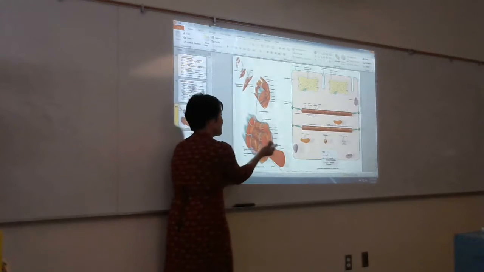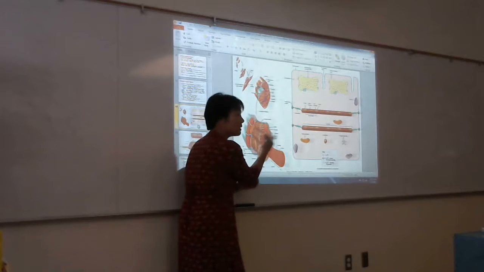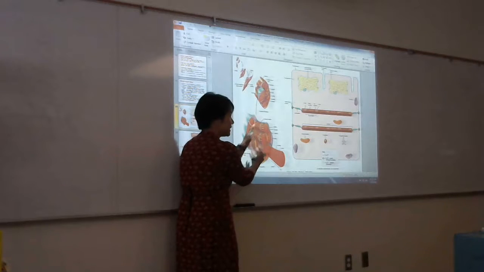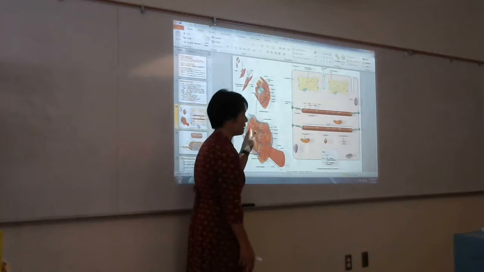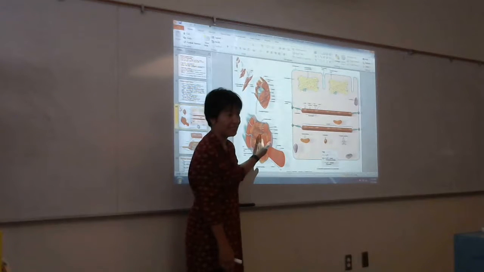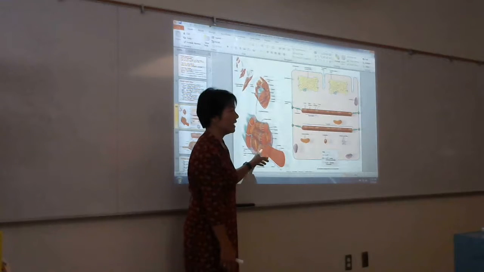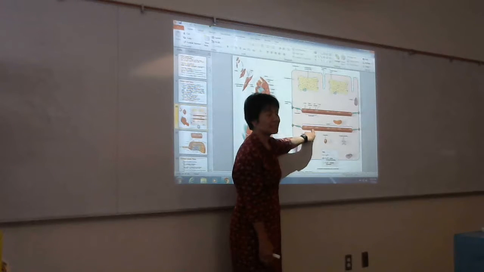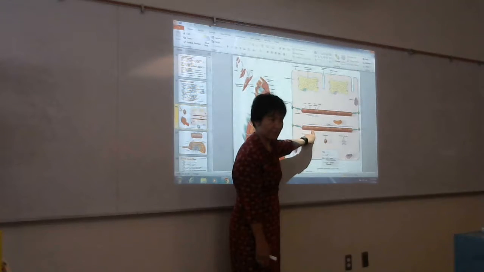Muscle is packed with these muscle proteins, the actin and myosin, and squeezed inside, interspersed, you see the mitochondria and the sarcoplasmic reticulum.